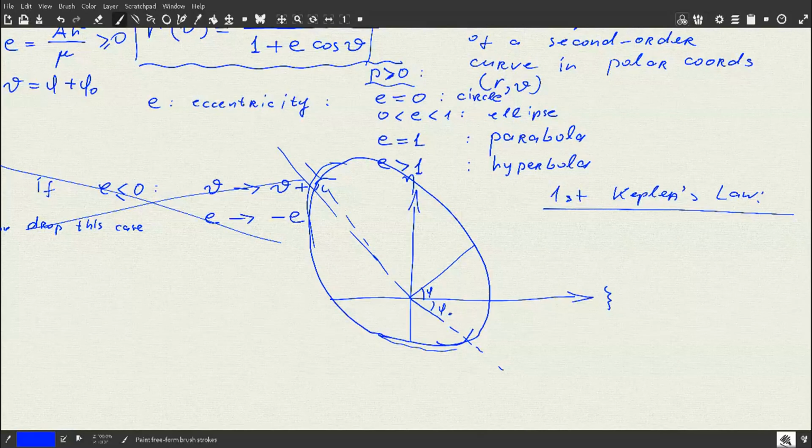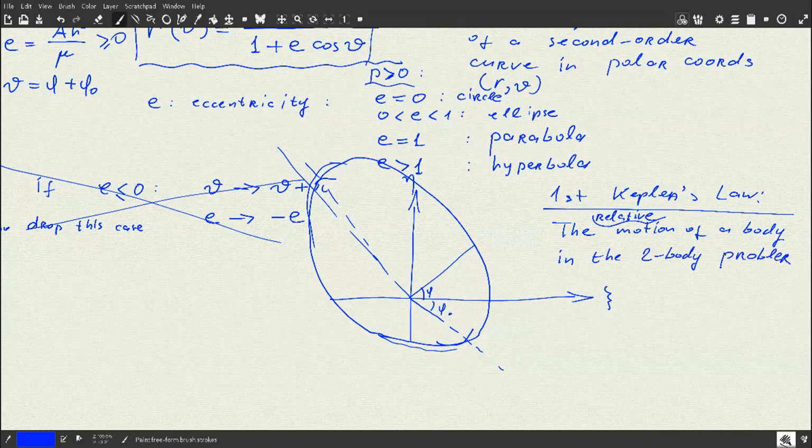In our case, it says that the relative motion of a body in the two-body problem, originally Kepler was referring to planets moving relative to the sun, but we say in general the relative motion of a body in the two-body problem is, first of all, along a second order curve in a plane.